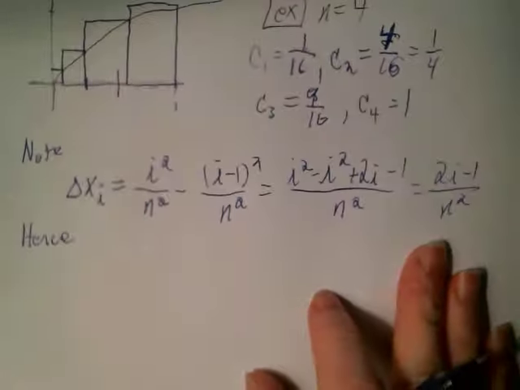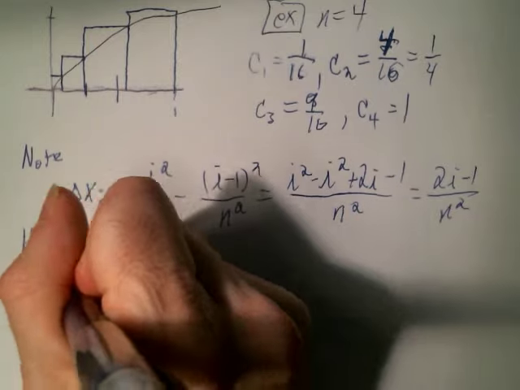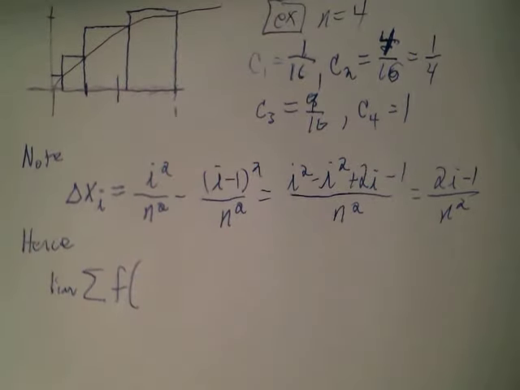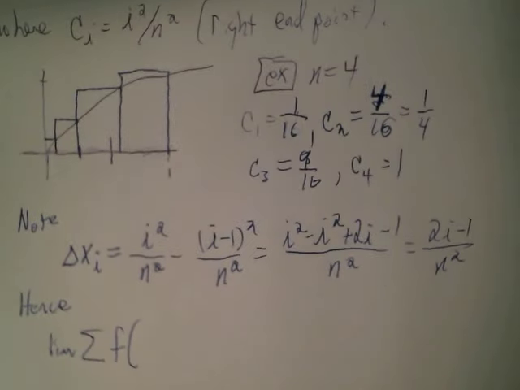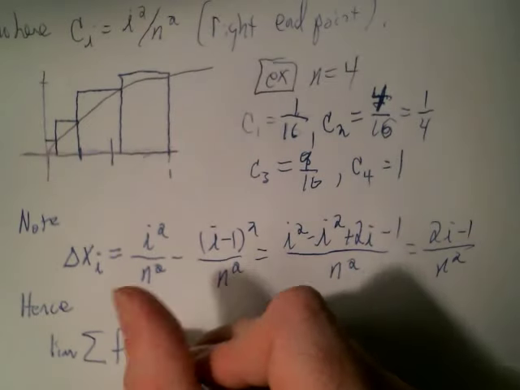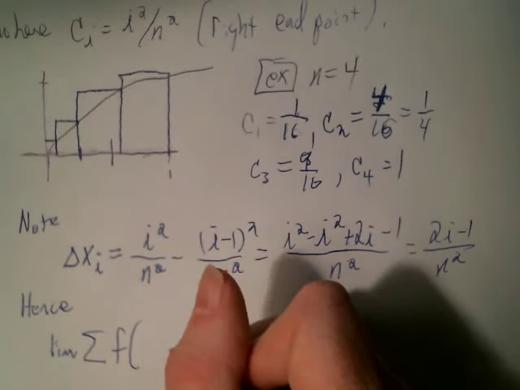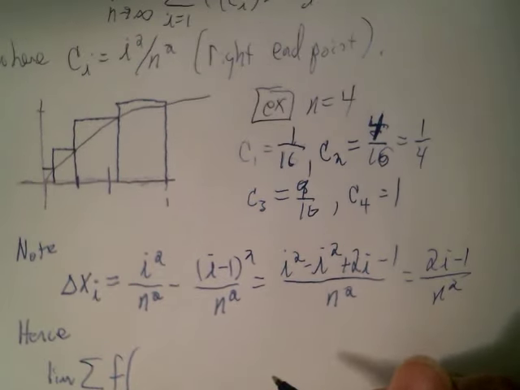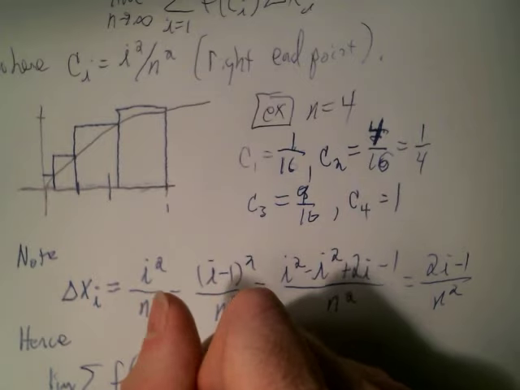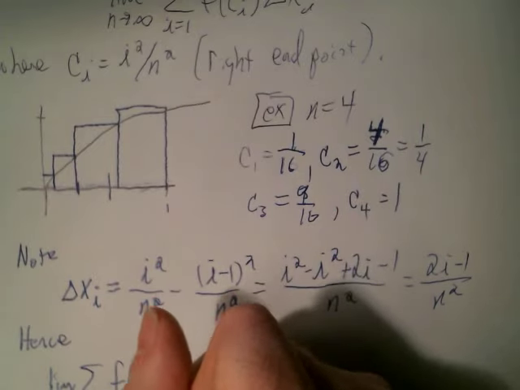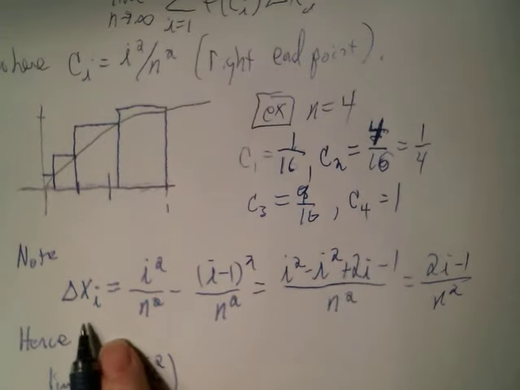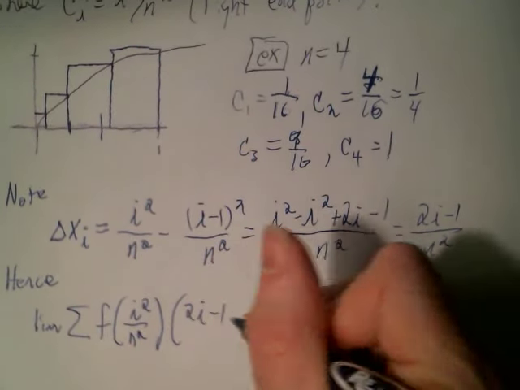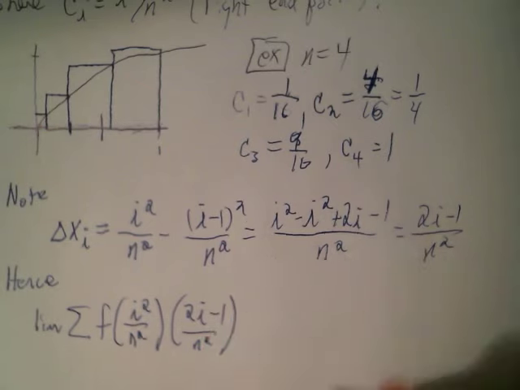So hence, we consider then the limit of the sum of f of, and we're using right-hand endpoints, so it's starting at 0 and then plus i squared over n squared, and then times delta x sub i, which is 2i minus 1 all over n squared.